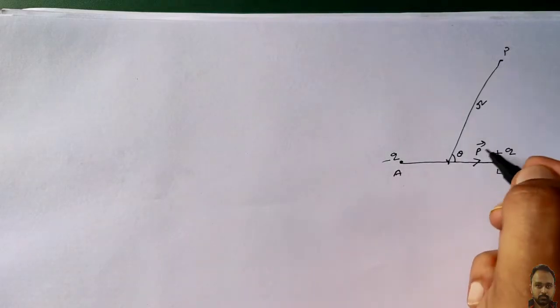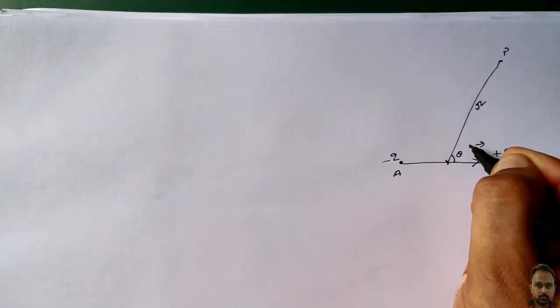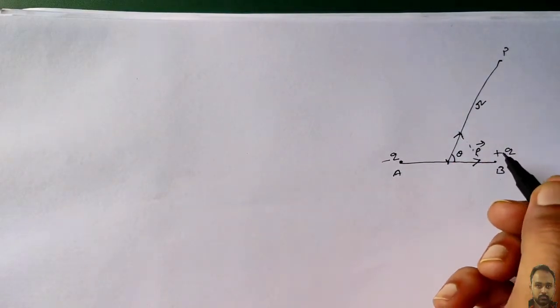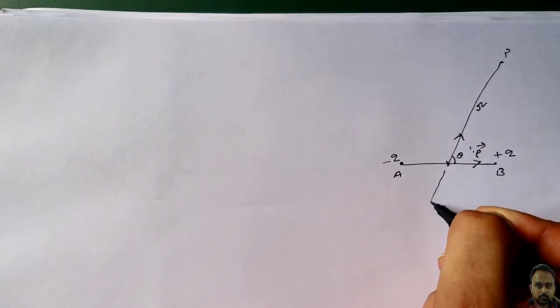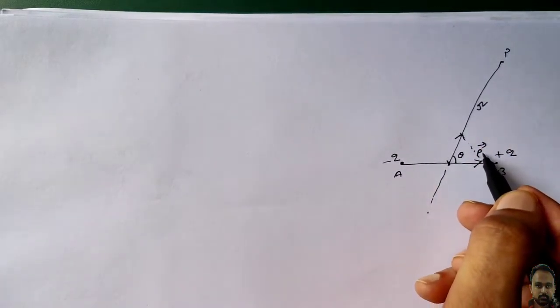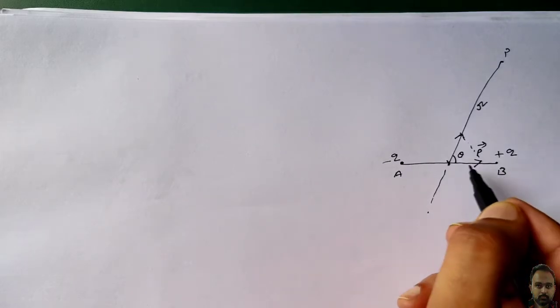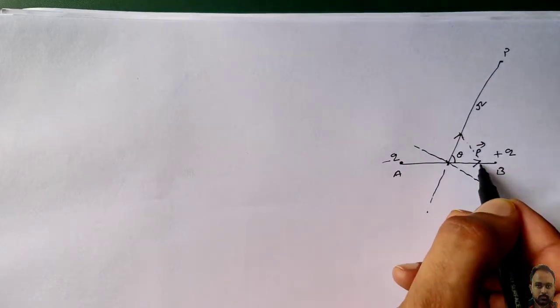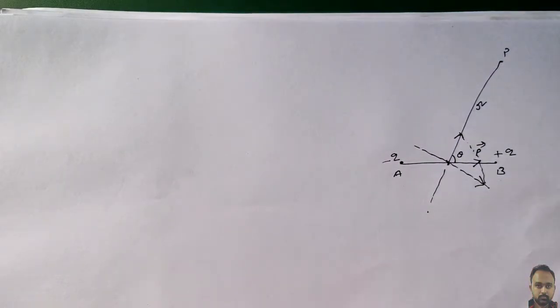So let us resolve this P into two components, one along this r, this is the one component along the r, and let us split this P into another component which is normal to this r. This is the other component, normal to the r.